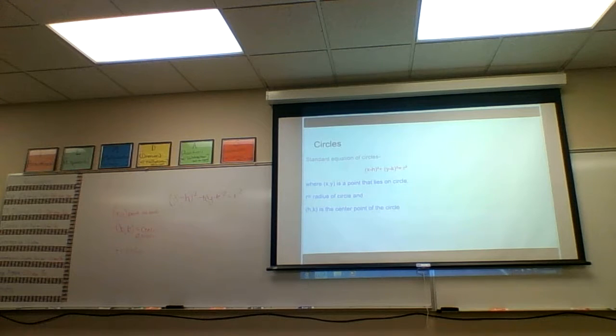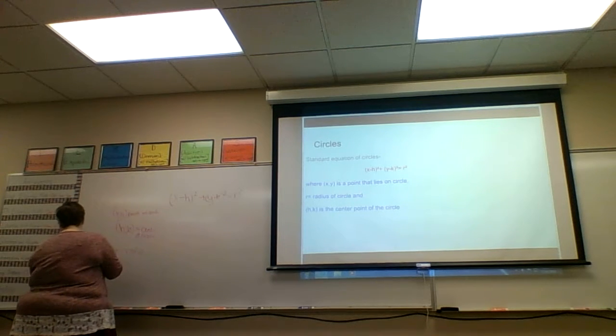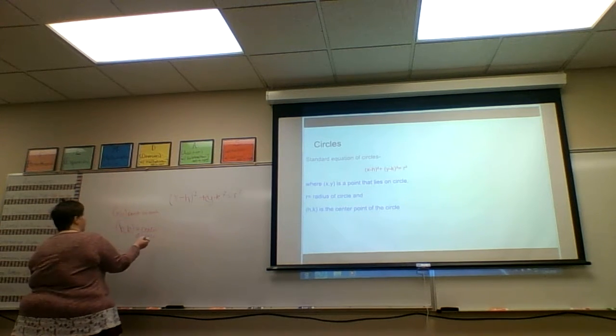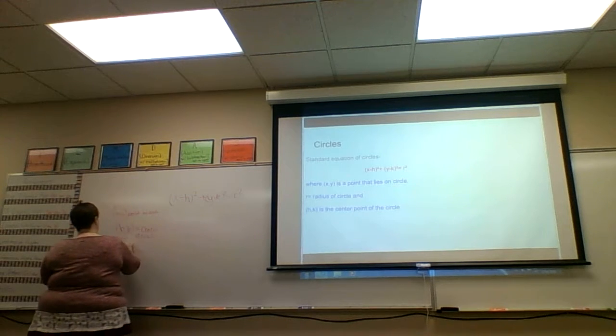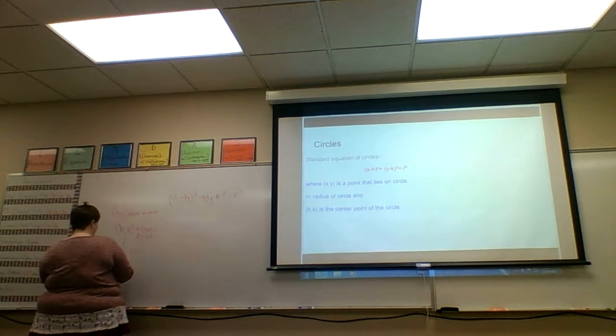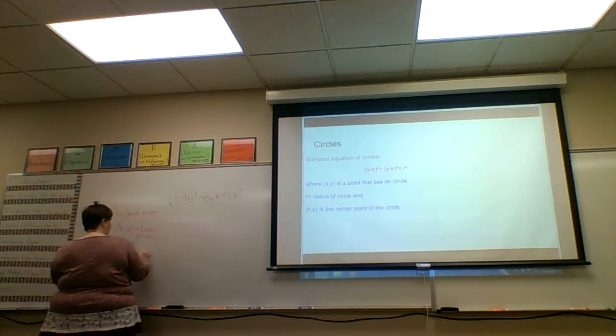Let's look at this particular one. It's on page 62, please. On 62, they give you a problem that has H and K as 1 and 3, and a radius of 4.